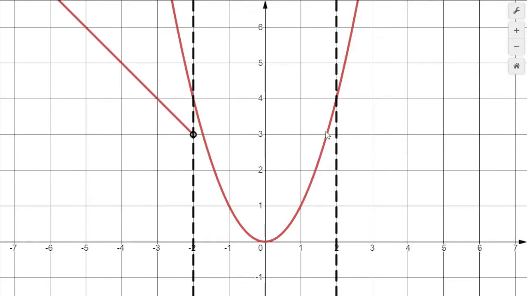The graph should only happen in between, not outside to the left, not outside to the right. The zone where we visibly see this parabola is only between negative 2 and 2. So that's the logic of that.